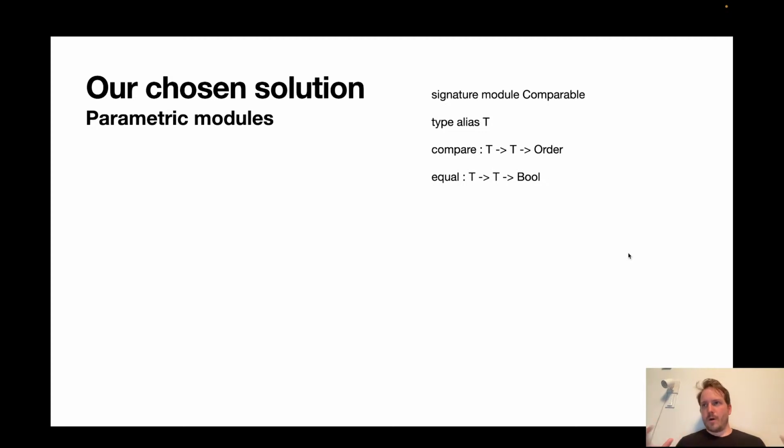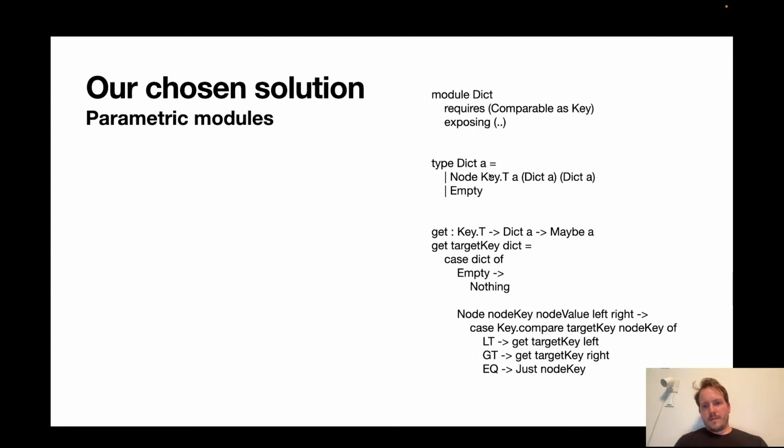If a module has those three things, then it's a comparable, and you can pass that module in to modules that require such a module for execution. So that's what comparable is in this particular case, and you can define your own signature modules. But in this exact example, comparable just means that it is a module that has a type alias t and a compare function and an equal function that operate on that type alias.